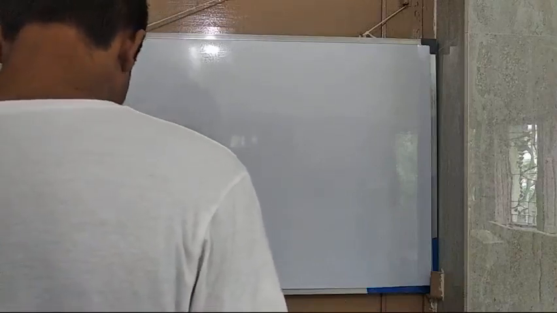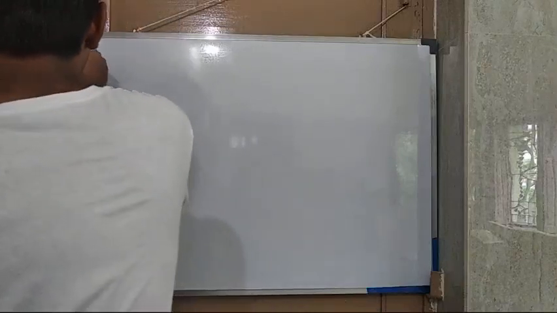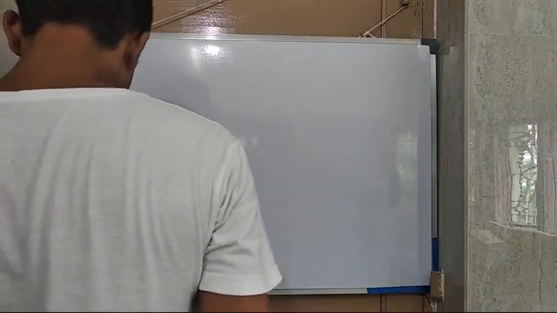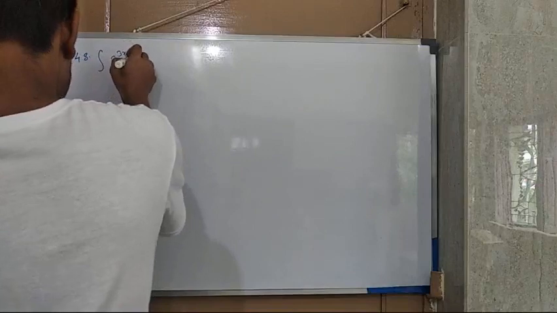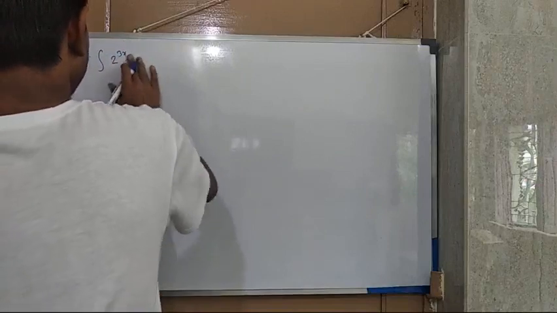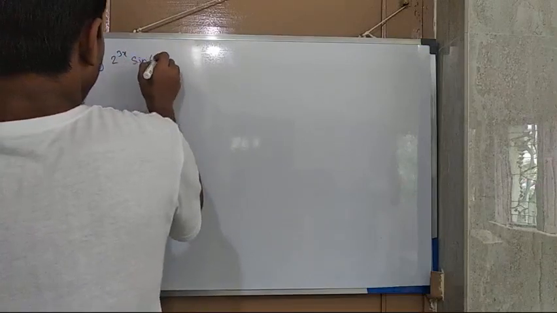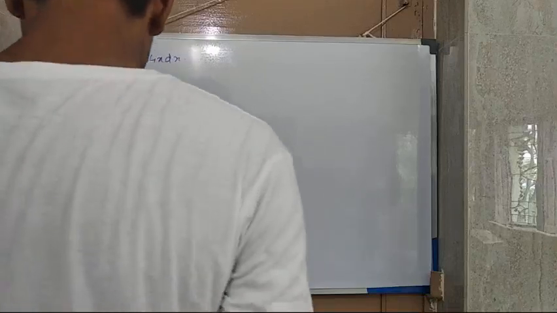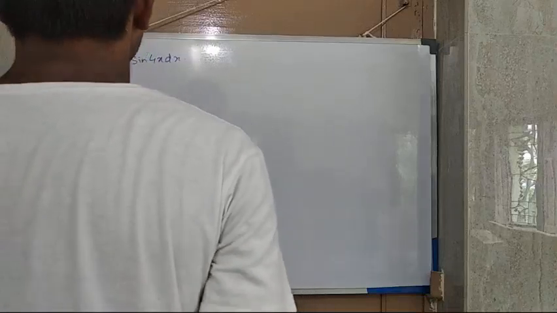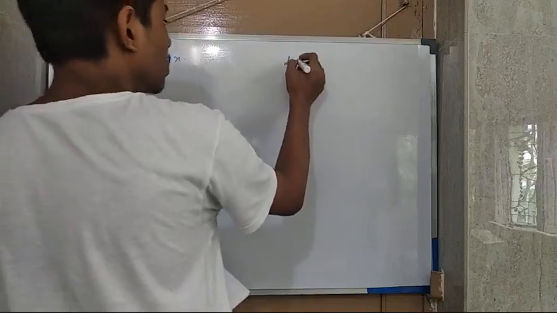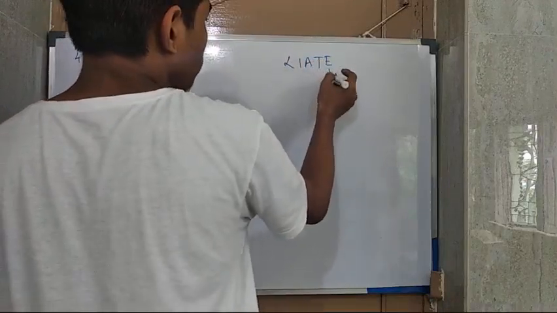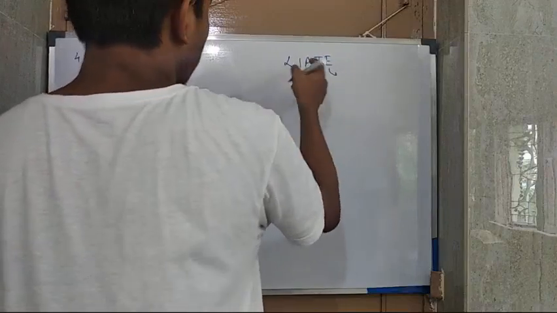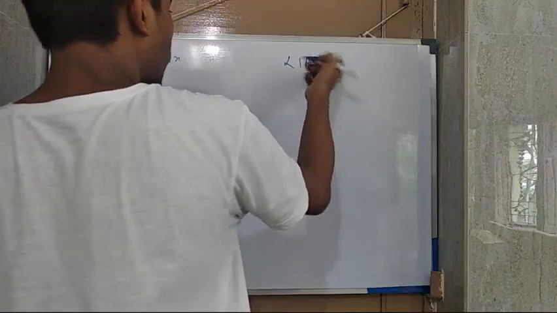So let's proceed. With the 47th done, let's do the 48th question, which is integral of 2 to the power 3x sine 4x dx. According to the LIATE rule, the exponential function comes last and the trigonometric function comes before exponential.